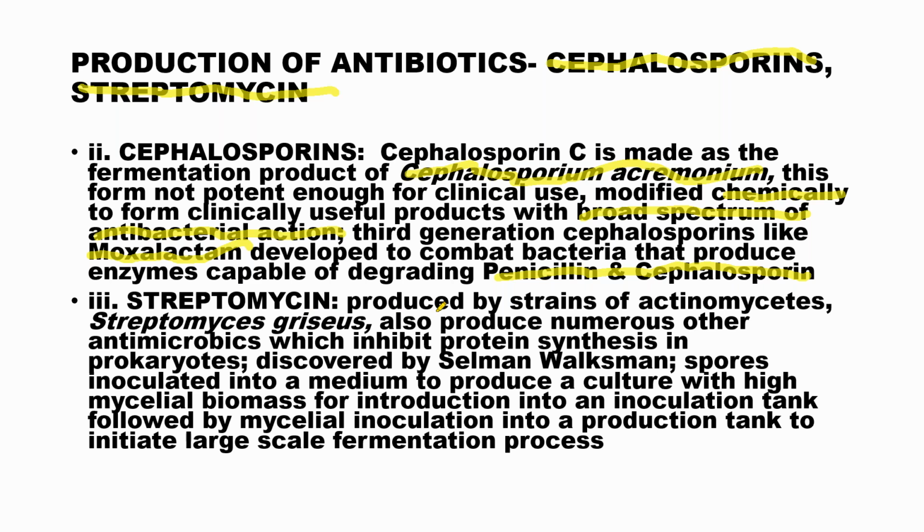They are produced by strains of actinomycetes. What are actinomycetes? Have you heard the term actinomycetes? Anybody? Is it a type of fungus? Is actinomycetes a fungus? Who told you? Vidushi. Then what is a fungus?